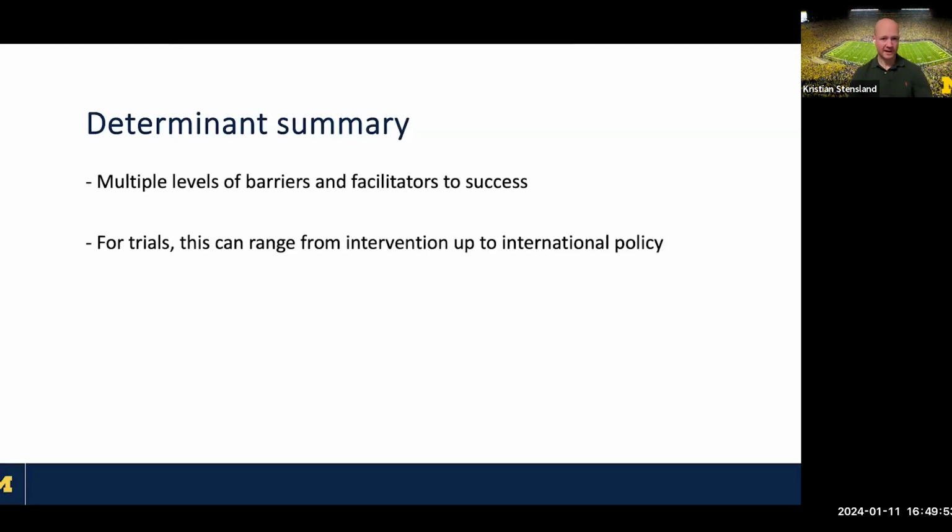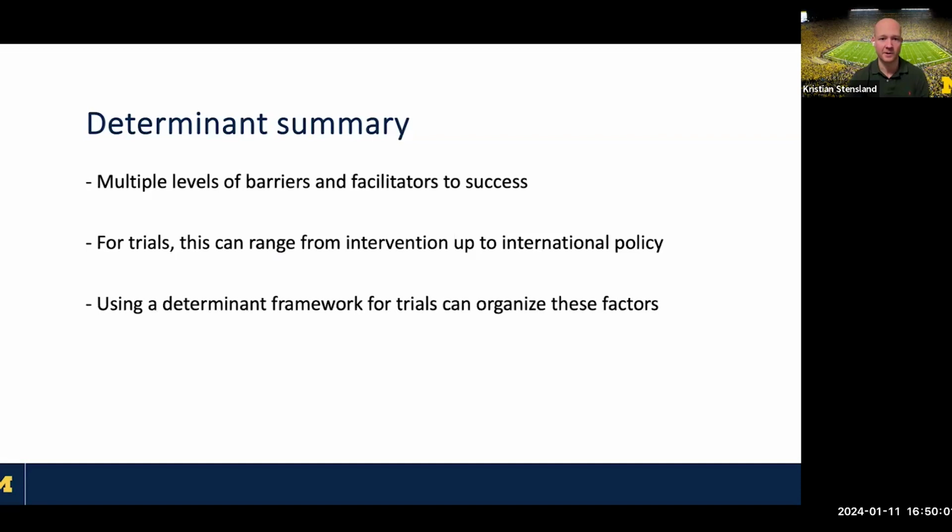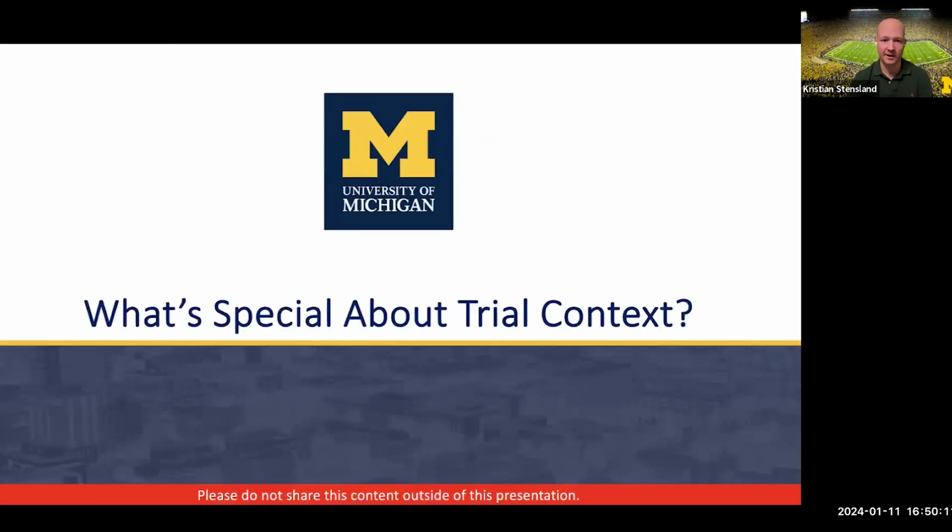So there are multiple levels of barriers and facilitators to success, and for trials, this can range from the intervention itself, which is really part of the protocol, all the way up to international drug policy and reimbursements. I think that using a determinant framework for trials can really organize these factors and highlight areas where we can hopefully design interventions to overcome these enrollment barriers.